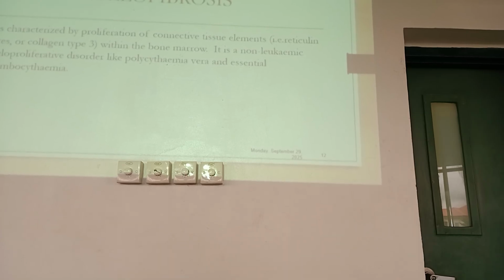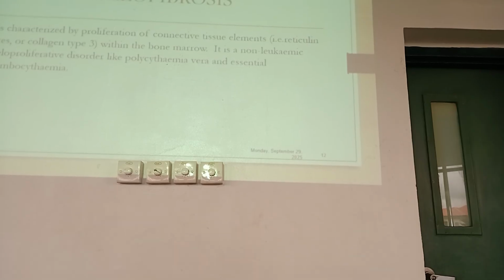The hemopoietic cells, your megakaryocytes, your platelets, your white blood cells, neutrophils, eosinophil, basophil, lymphocytes, and your red cell in the marrow has been replaced by fibrous tissue, or collagen, replacing the hemopoietic cells in the marrow.